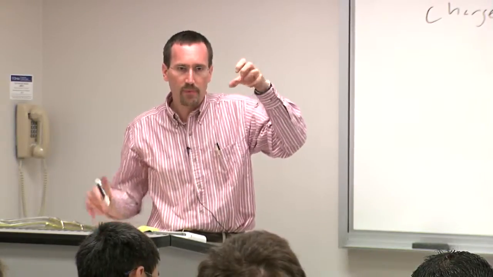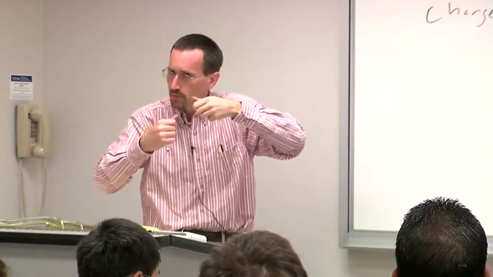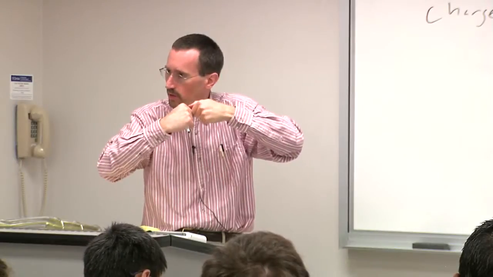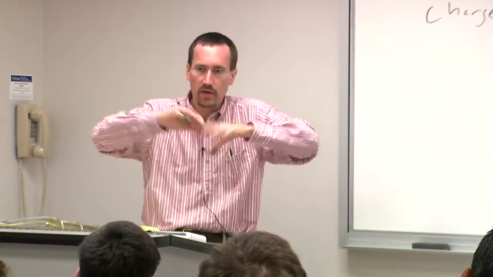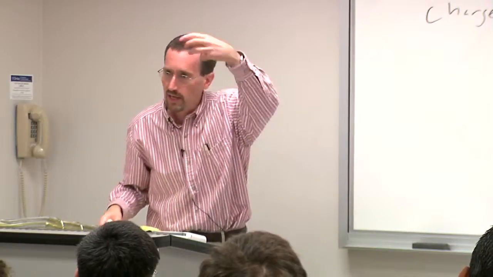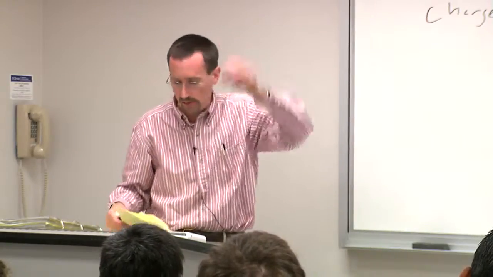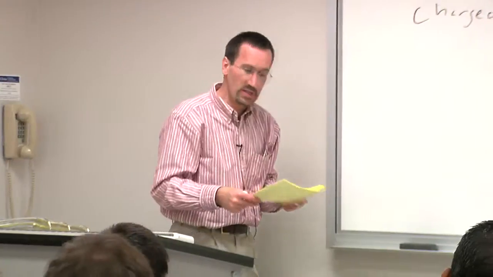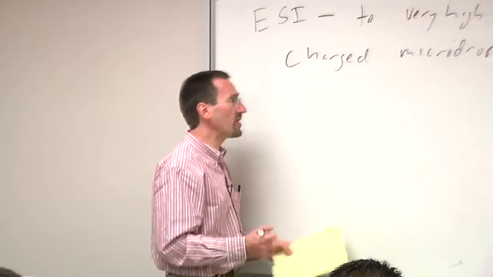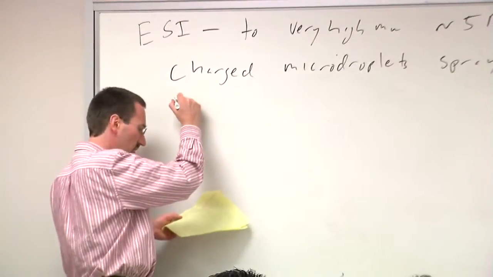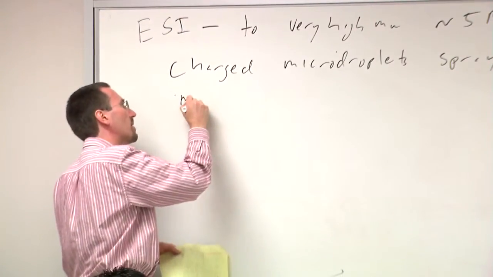The solvent evaporates. The charges, which are put on electrically, get closer and closer together as the solvent evaporates until they repel each other and the droplets shatter apart. And then you have more evaporation and more shattering. And eventually you get charged species free of solvent. So you often end up with multiply charged species for big molecules.